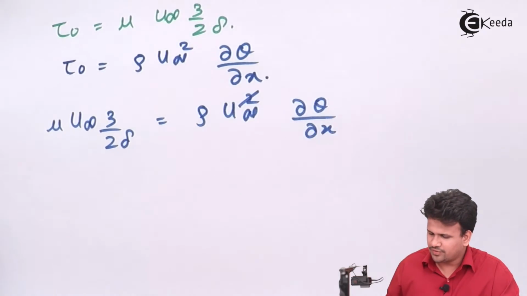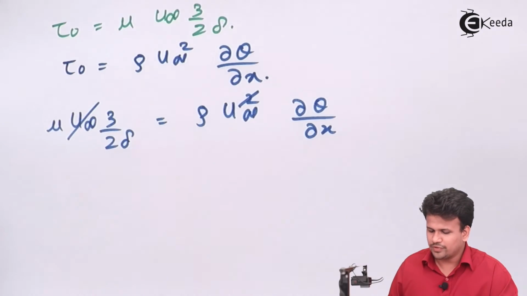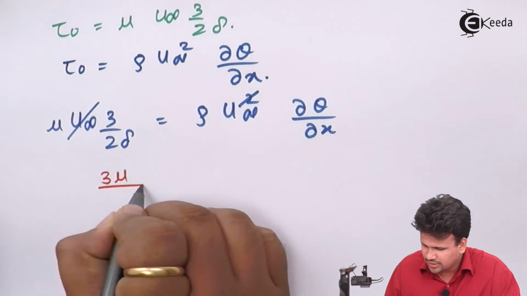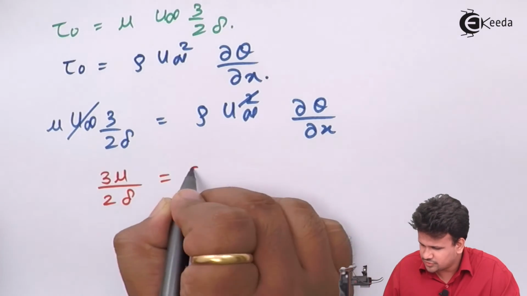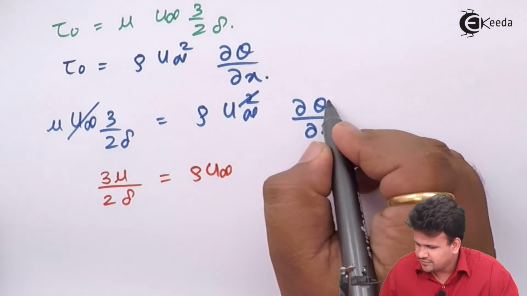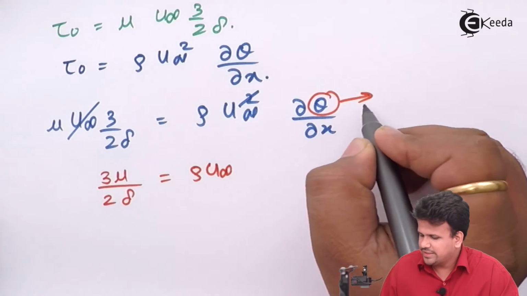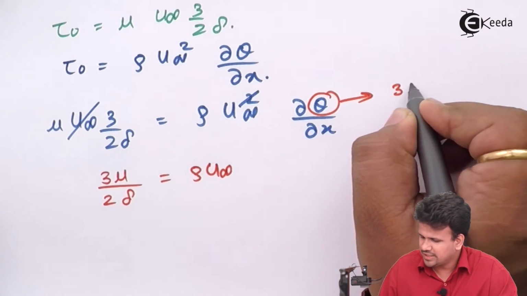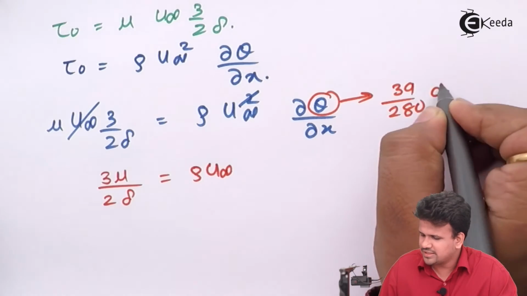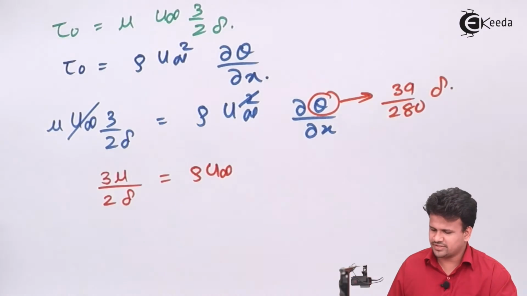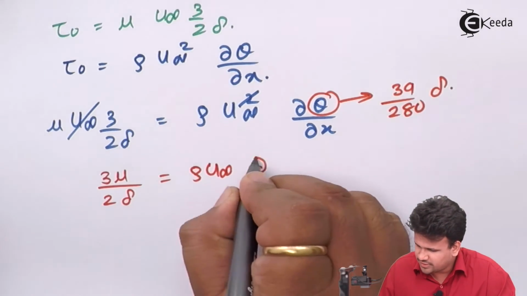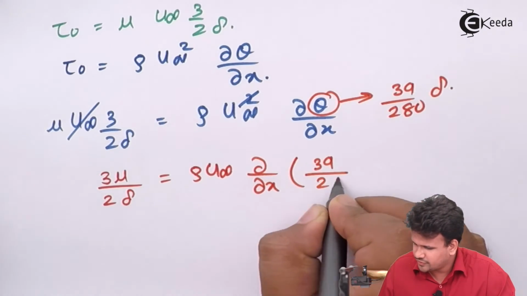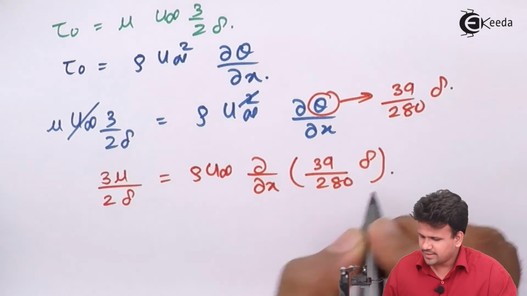One u infinity will go away, and what we will be left with is 3 mu by 2 delta is equal to rho u infinity. We know that the momentum thickness theta is 39 by 280 times delta, which we have calculated in the previous section. So we'll substitute dou by dou x into 39 by 280 delta.